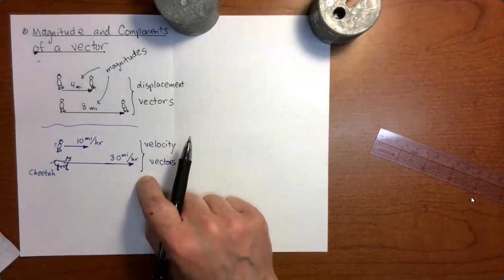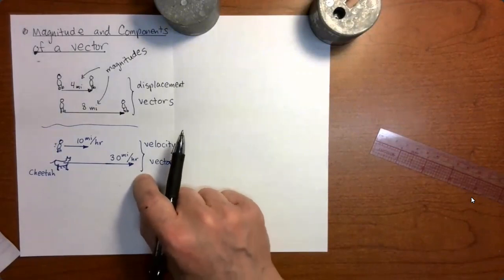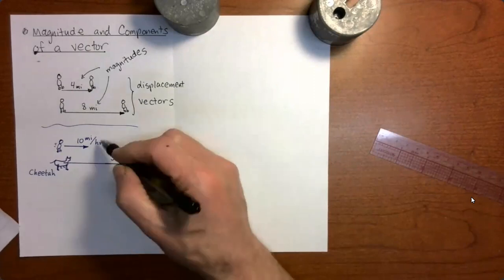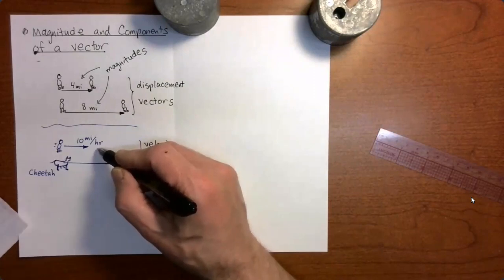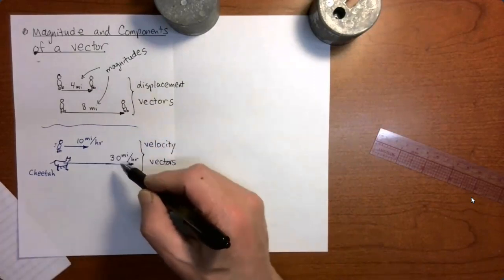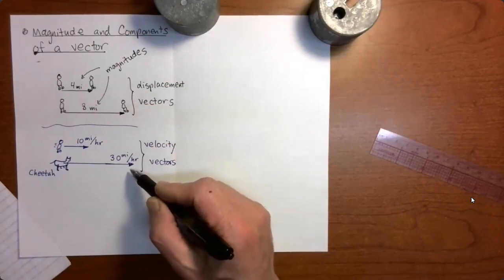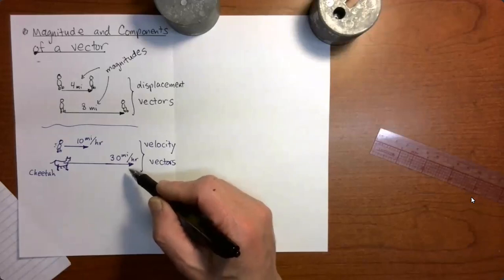In this figure, I drew velocity vectors to represent the motion of two different objects. Here I have a velocity vector which represents the motion of a human running 10 miles per hour. Here I have a velocity vector which represents the motion of a cheetah running 30 miles per hour.